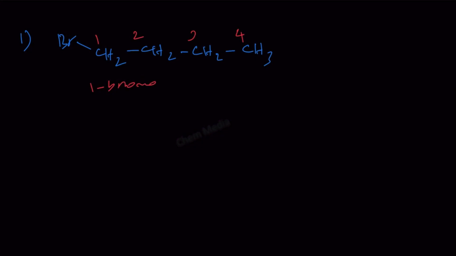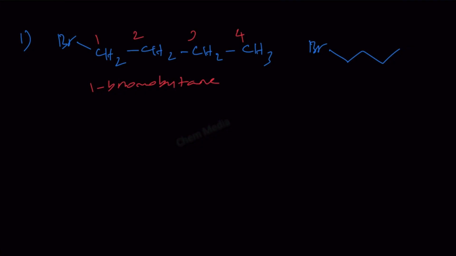I will first write the isomers in condensed form, then I will write it in bond line notation. So, number 1: Br CH2 CH2 CH2 CH3, carbons 1, 2, 3, 4. So, this is 1-bromobutane and the corresponding structure in bond line notation is bromine and then 1, 2, 3, 4.